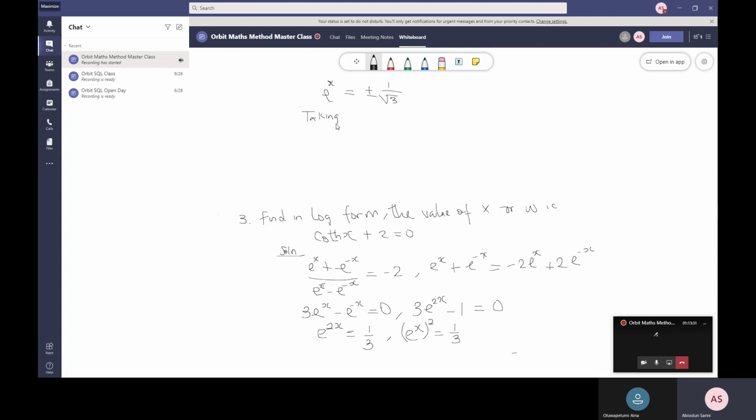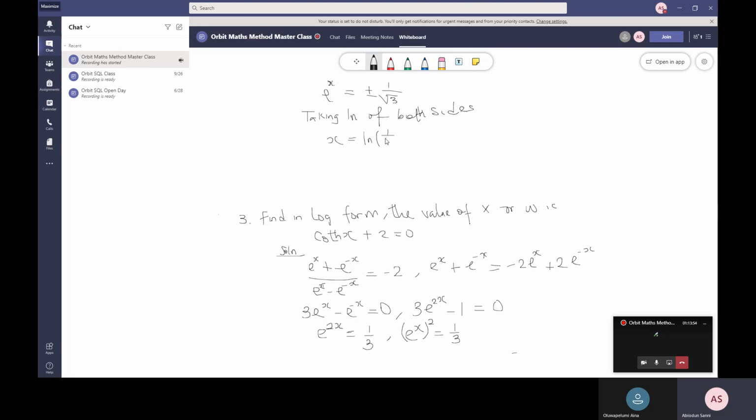So taking natural log, ln of both sides, I will have x. So ln of exponential x is going to be x, equals ln of 1 over root 3.